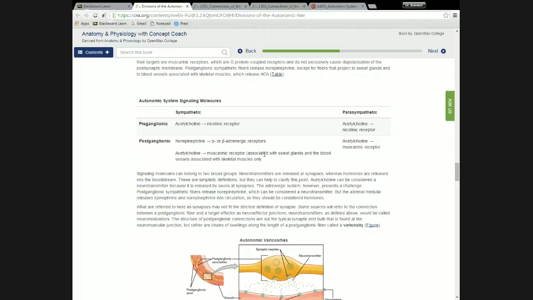And when the correct key goes into the correct lock, you can turn the key and unlock the lock. You're familiar with keys and locks? Okay. So when acetylcholine fits into the physical space of the nicotinic receptor, it causes the nicotinic receptor to open up and allow sodium into the cell. Just like I could put a key in this lock, turn it, and open this door.